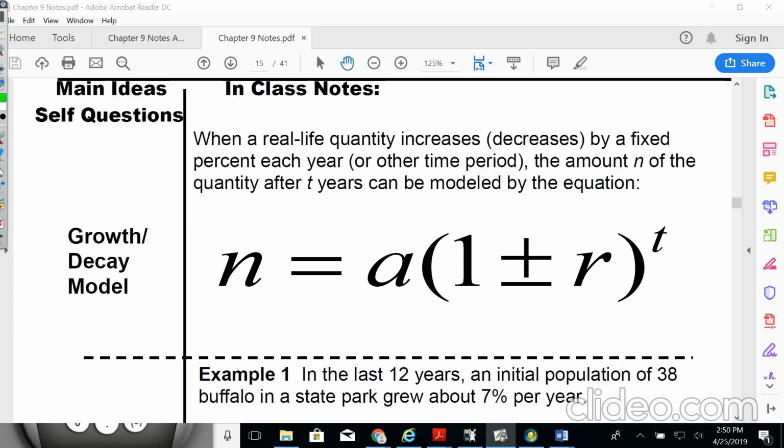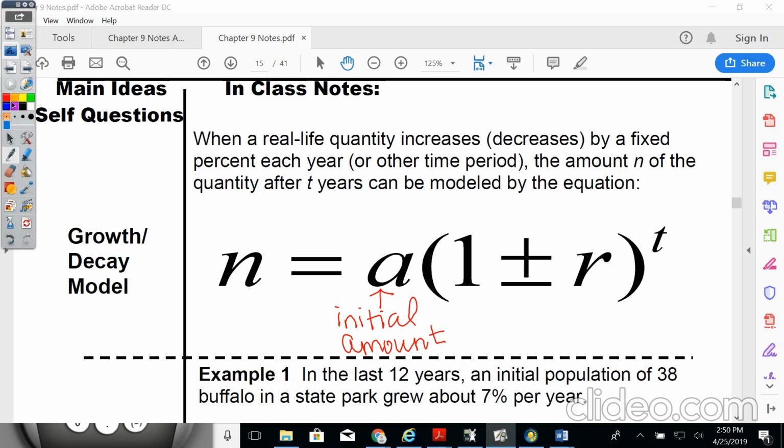So when a real life quantity increases or decreases by a fixed percent each year, the amount of the quantity after t years can be modeled by these two equations. A is your initial amount. So that's your starting number, whatever you start with, however many you start with.